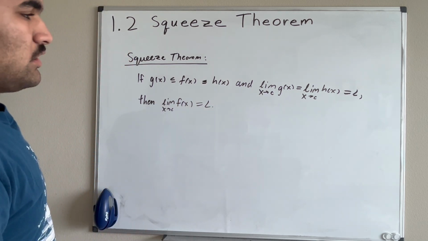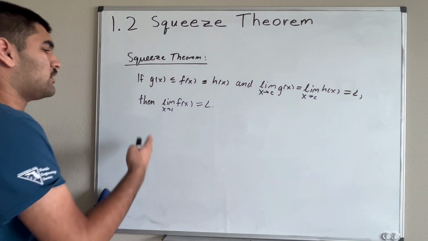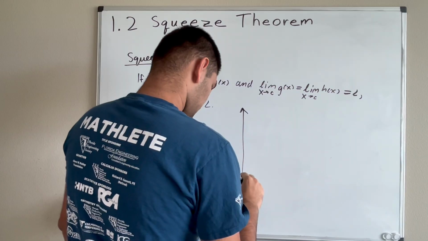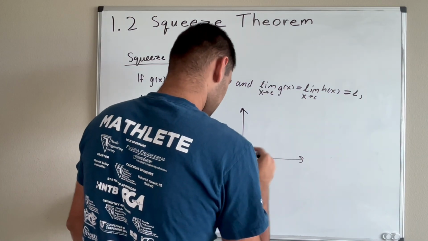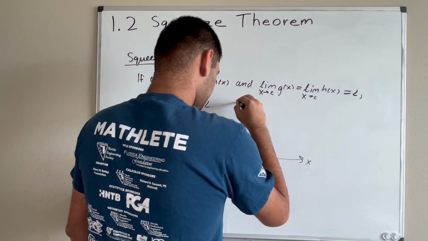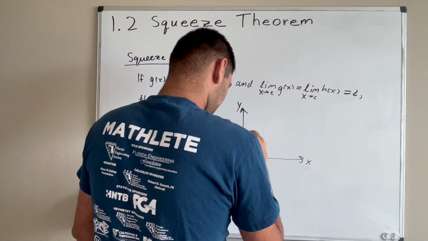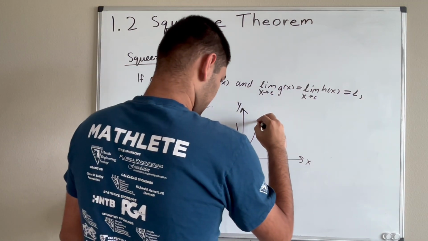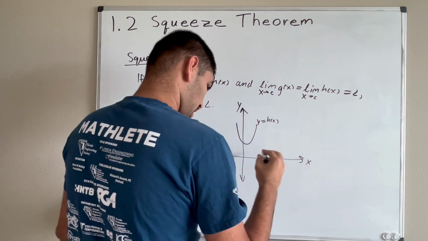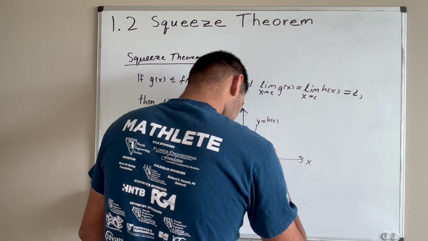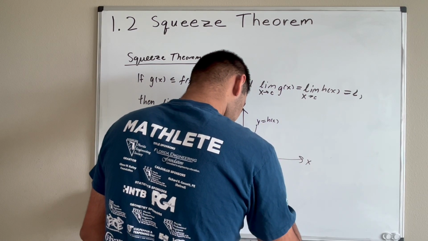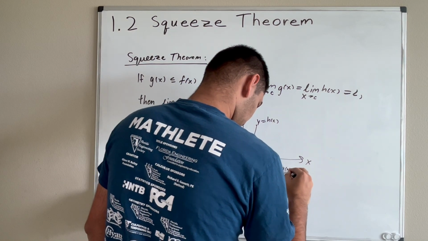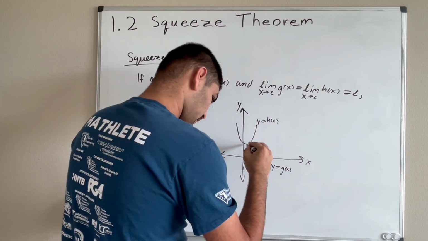Right? Okay, so basically the intuition behind the squeeze theorem is, suppose you have some functions h, g, and f. Suppose h of x is this graph right here, and then this could be g of x, and then you can have f of x like this.